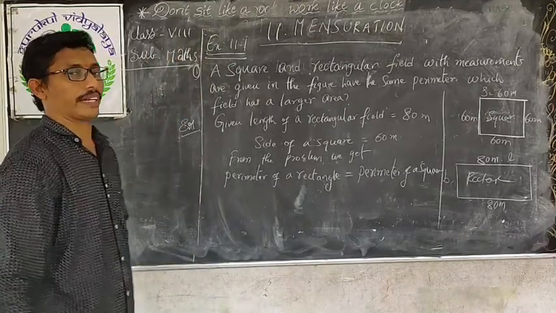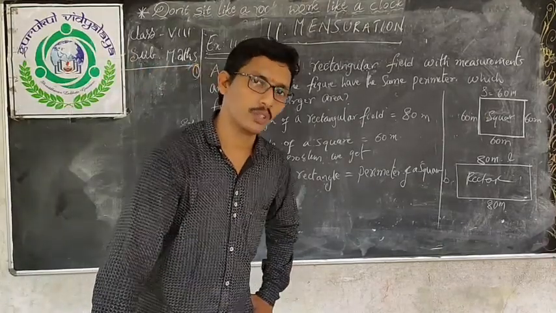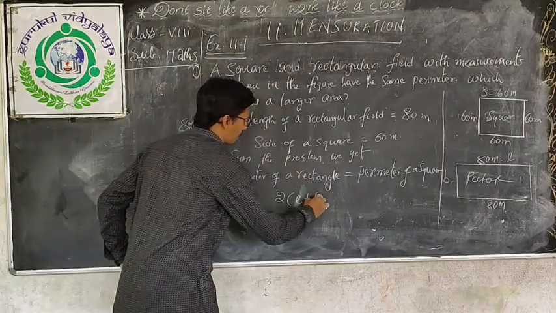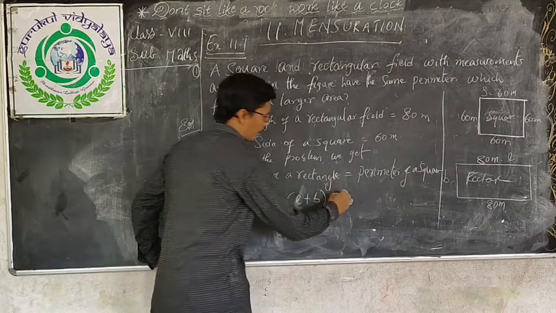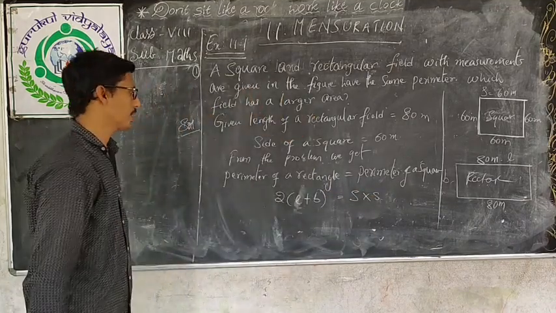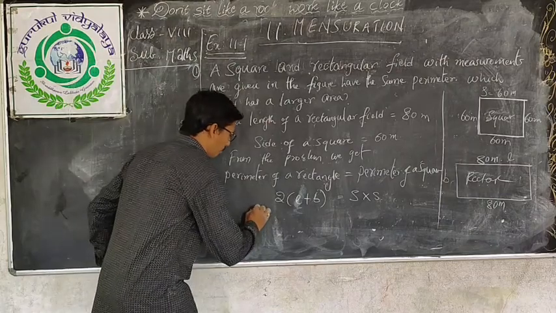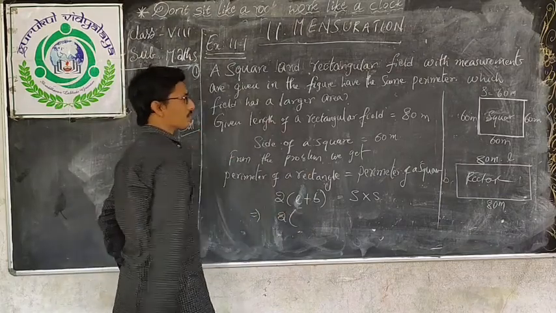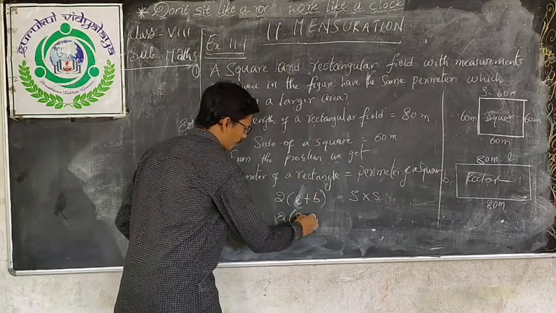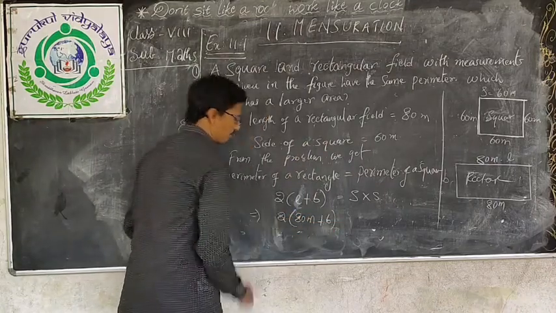Children, what is the perimeter of a rectangle formula? 2 into (L plus B). 2 into (L plus B). What is the perimeter of a square formula? Side into side. Okay. So now 2 into length, already you know 80 meters is given, plus breadth we don't know.